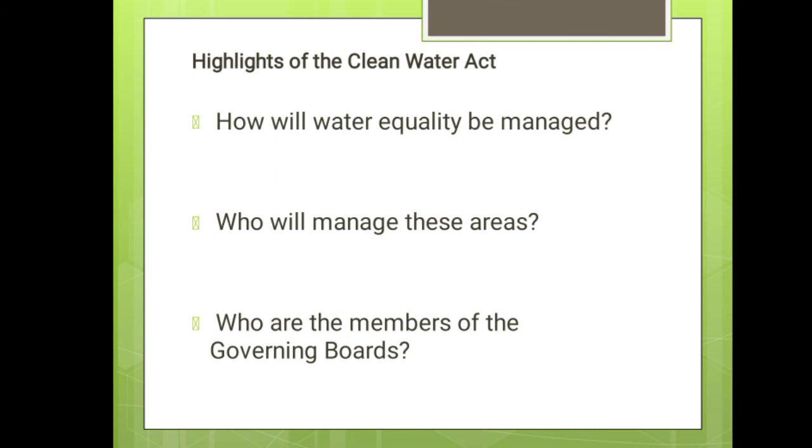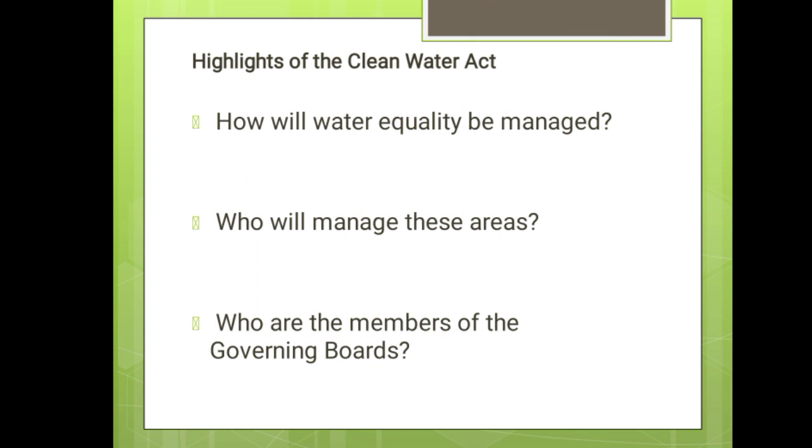Next, who are the members of the governing boards? Governing boards shall be composed of representatives of mayors and governors as well as local government units, representatives of relevant national government agencies, duly registered non-government organizations, the water utility sector, and the business sector.